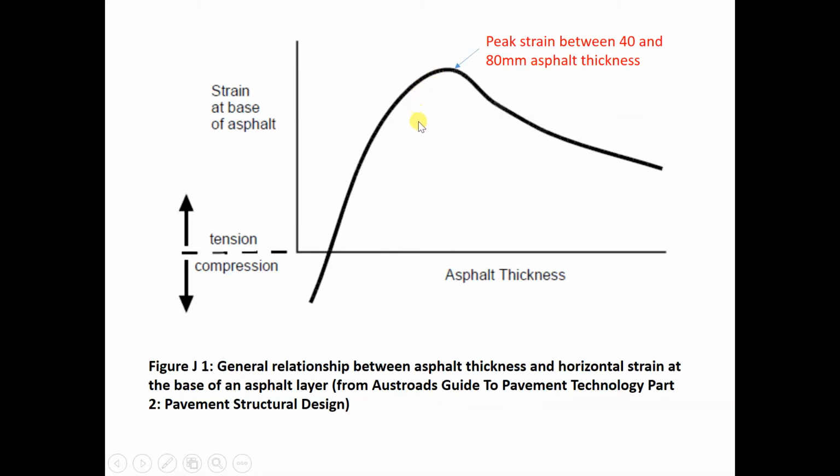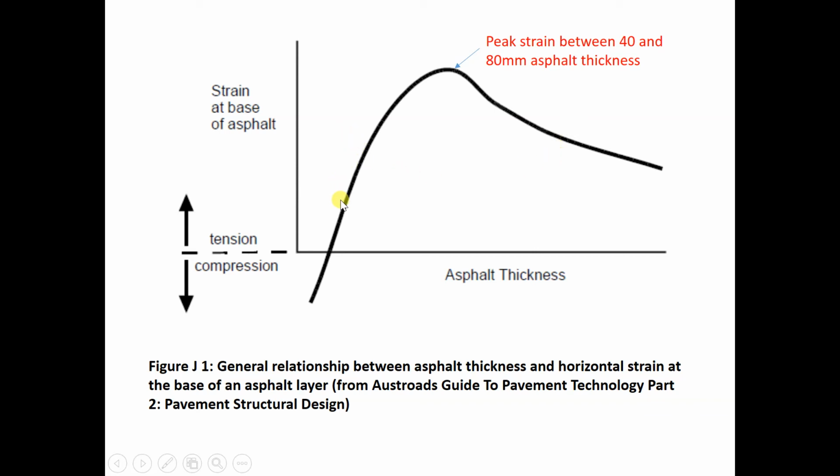So it's not very desirable. We should go for a bigger thickness so that you don't have that high tensile strain, because with high tensile strain you have more chances of failure. You will reach failure earlier. If it's thicker, then it's better.